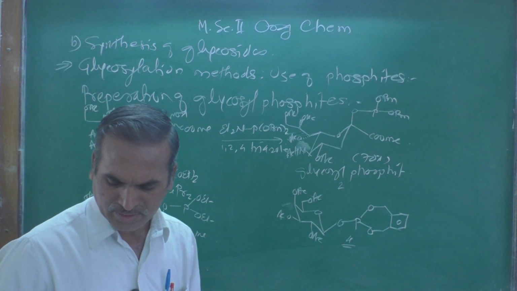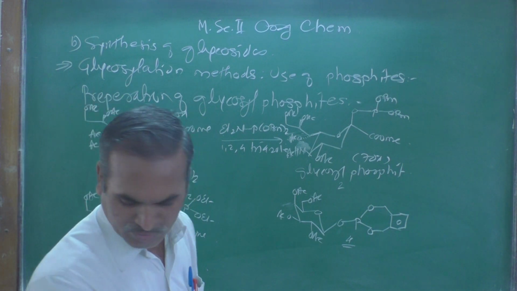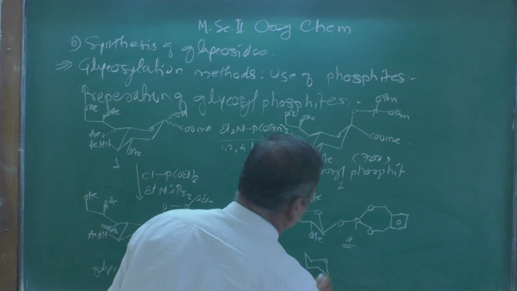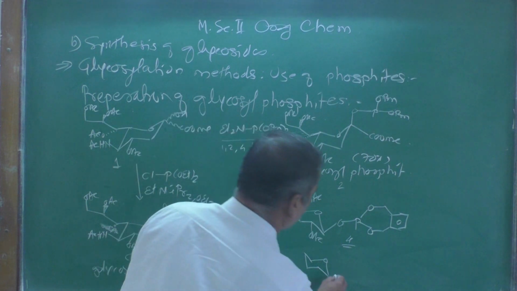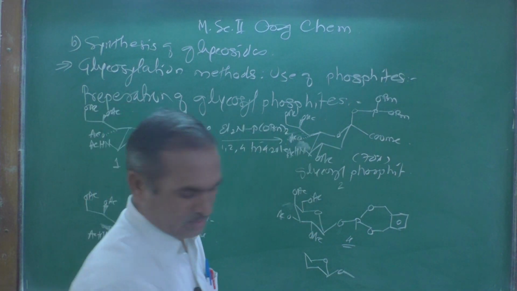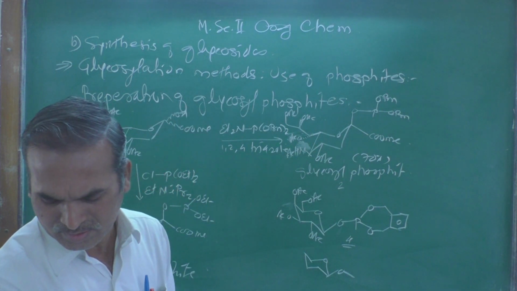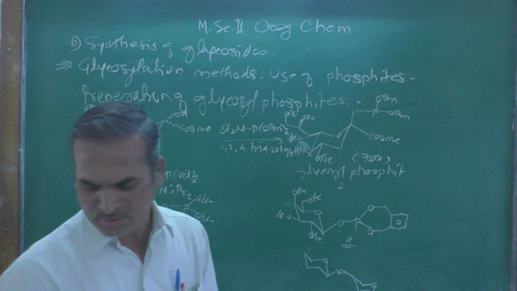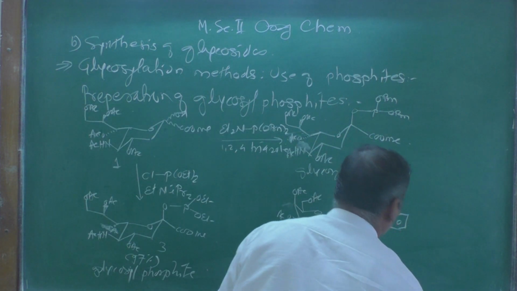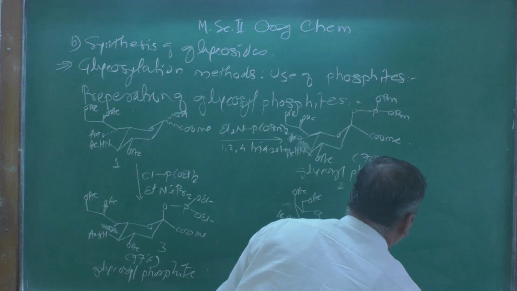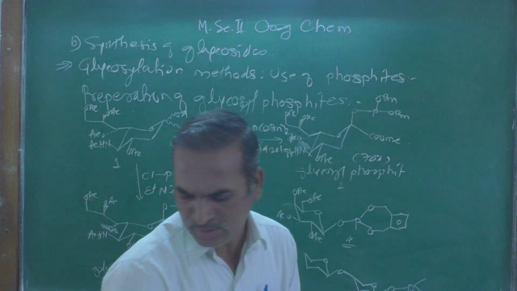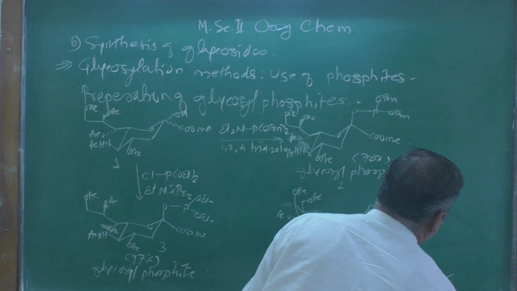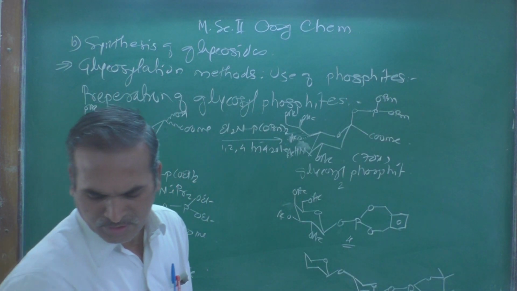Another example we can write over here. Suppose let us see one of the compounds we can draw here, an oxygen atom, then another oxygen atom, then we can show this type of compound like this, here O, then P, then you can show over here O, this type of structure.